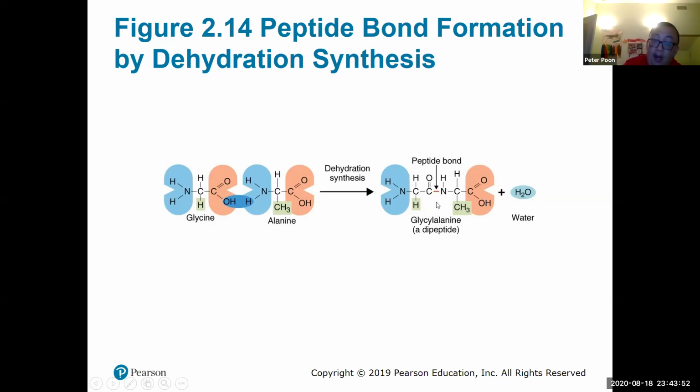A peptide bond is a very strong bond, stronger than normal covalent bonds. In chemistry, it's like a bond and a half because partially this bond is down here as well. And so this peptide bond is very strong, so it takes a lot of energy to break.